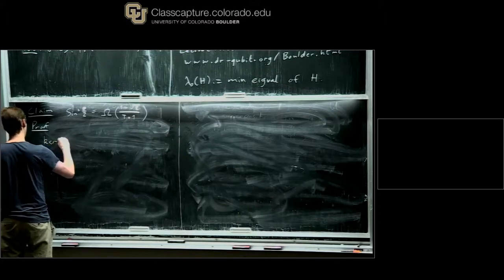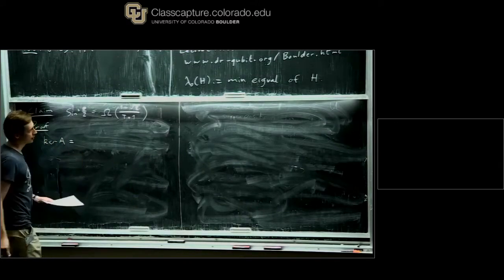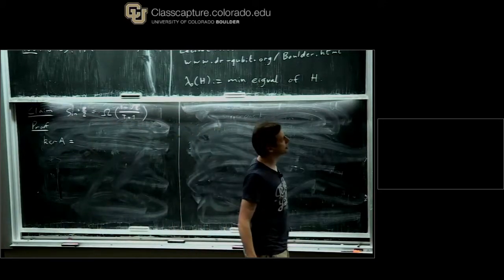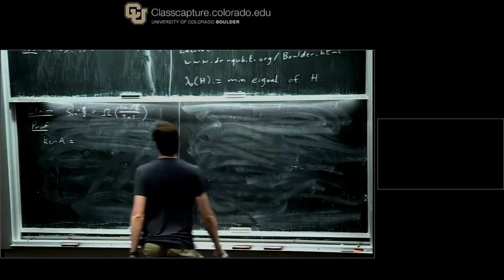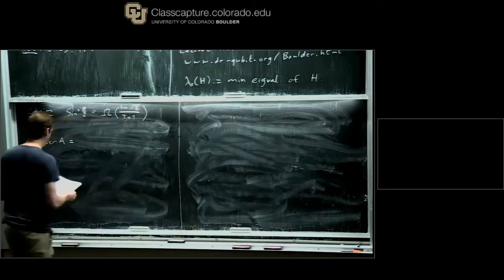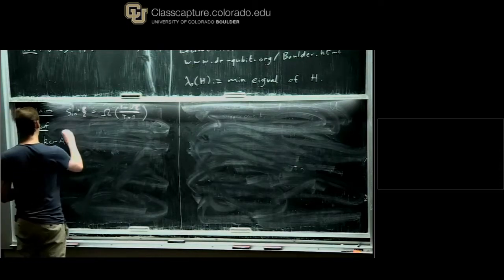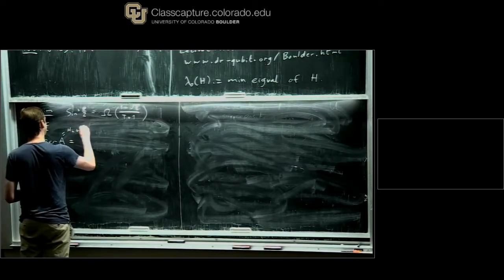Let's think about what the kernel of A looks like. A is the initialization Hamiltonian plus the output penalty Hamiltonian. So what do the zero eigenvalue eigenstates of this look like? Remember, this is h in plus h out.